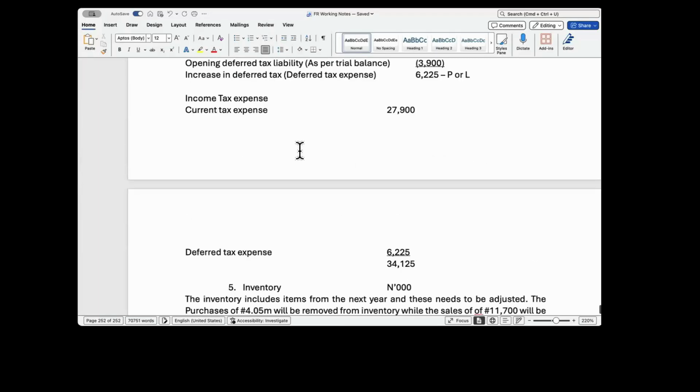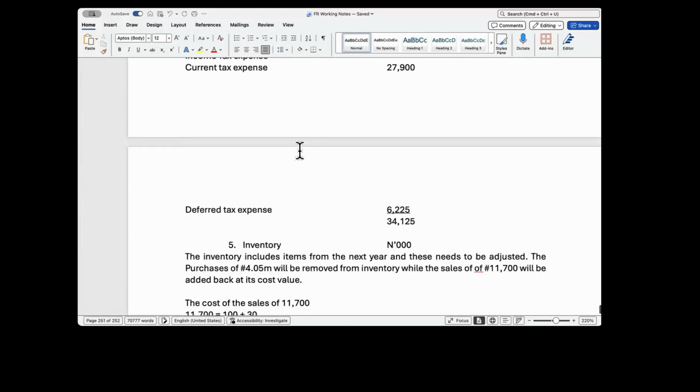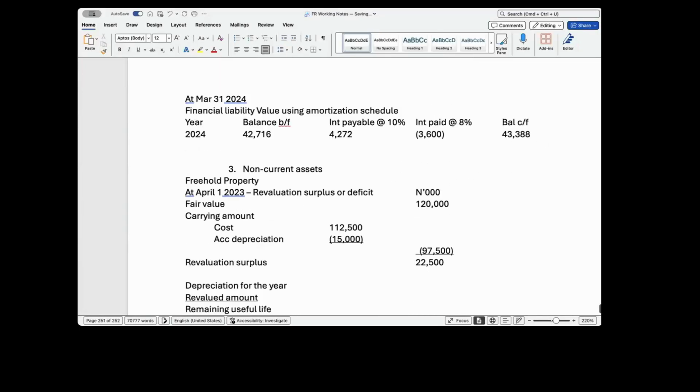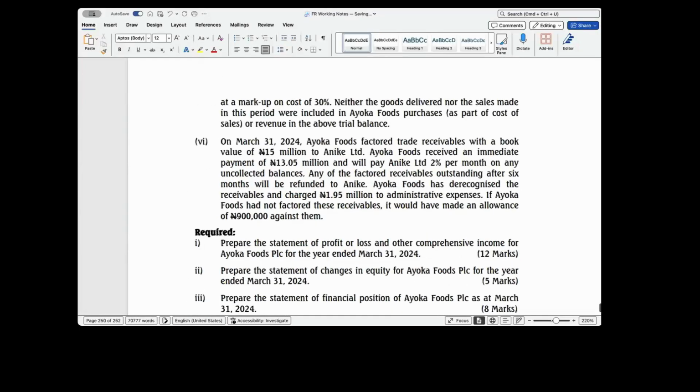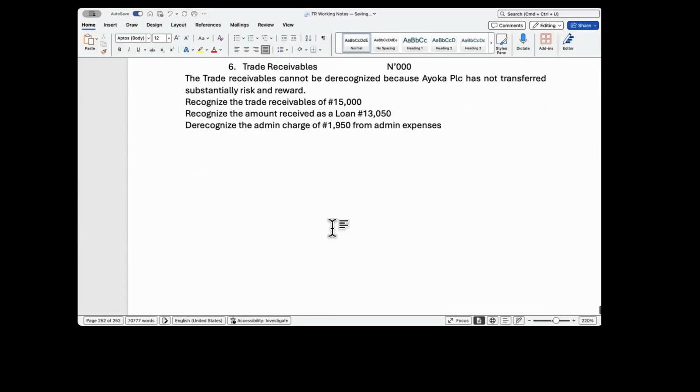Okay, and that's the end of this additional information. So now we can prepare. And I can see here that if Ayoka had not factored, they would have recognized an allowance for 900,000. That's what we call allowance for receivables.